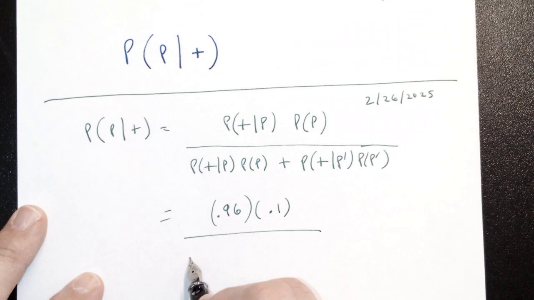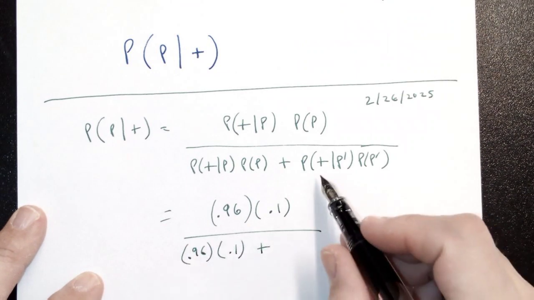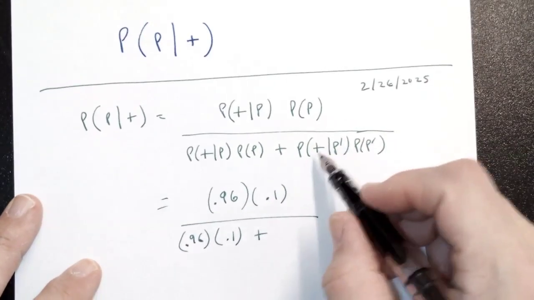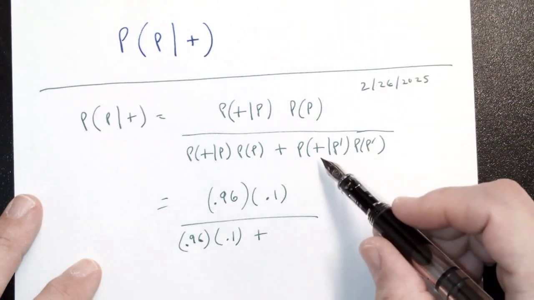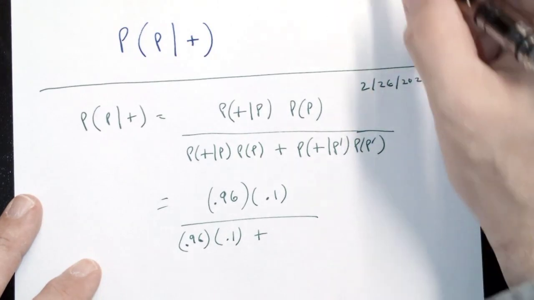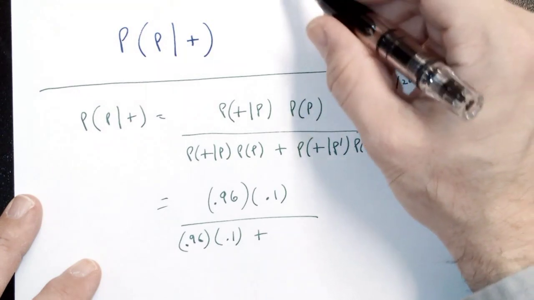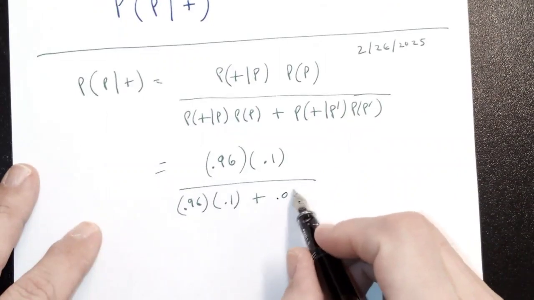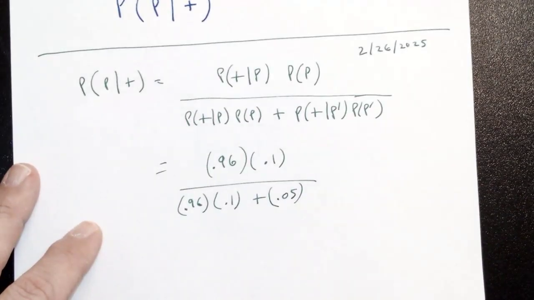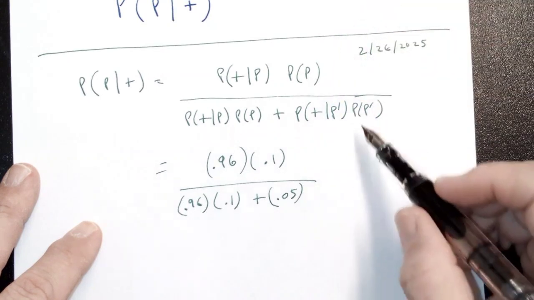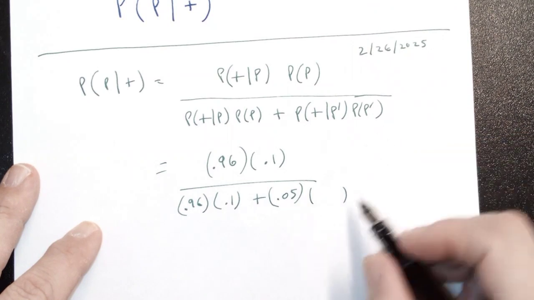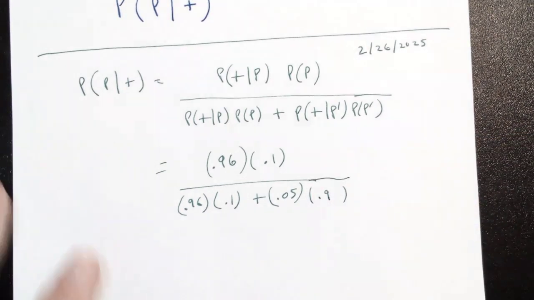Then those same numbers appear on the bottom, but I add the false positive. What is the chance the person gets a positive test but is not pregnant? That's right here. Positive test but not pregnant, times the chance of not being pregnant. What was the chance of not being pregnant? 0.9. So let's multiply.